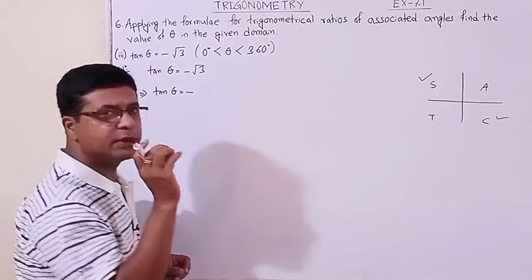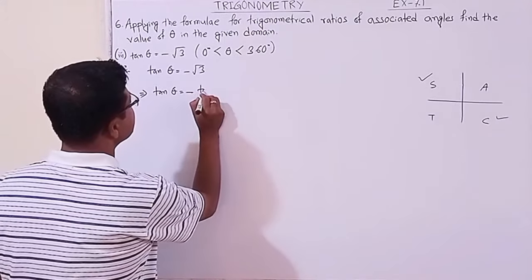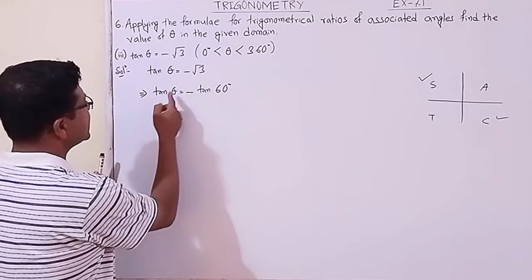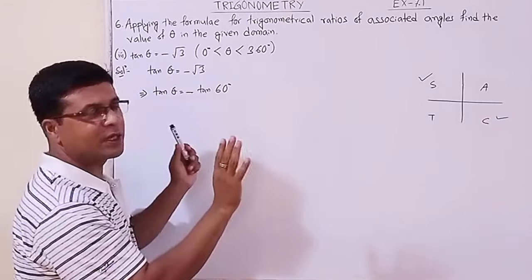Tan of which angle is root 3? Tan of 60 degrees. Now don't think that we can write theta equals minus 60 degrees. It is not like that.